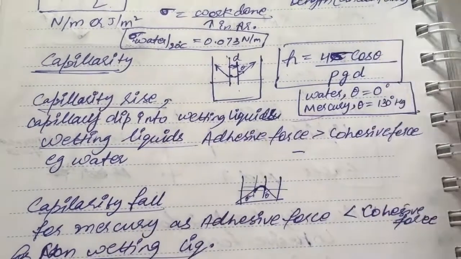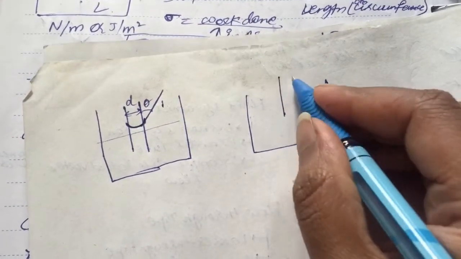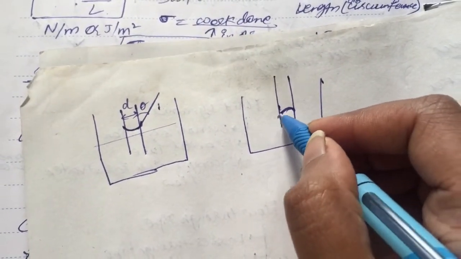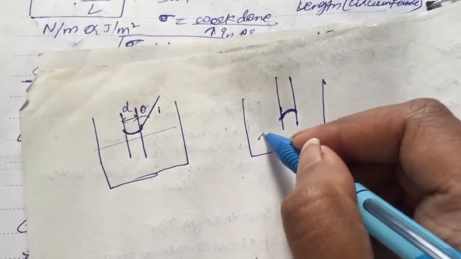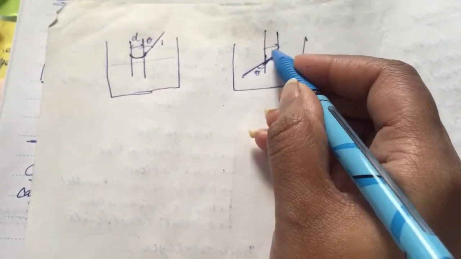And in case of capillary fall, we have our meniscus, the lower meniscus. It makes an angle of theta here, and d is the diameter.